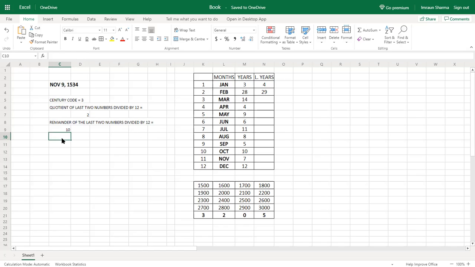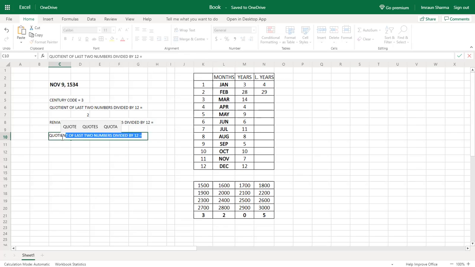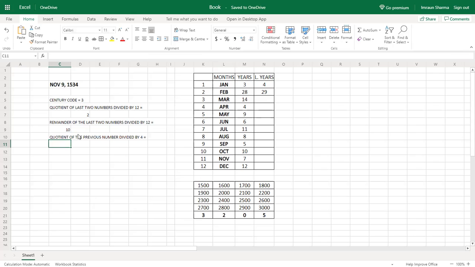Now the next number that we need is the quotient of the previous number divided by 4. So the previous number that we calculated is 10. So we have to divide 10 by 4.